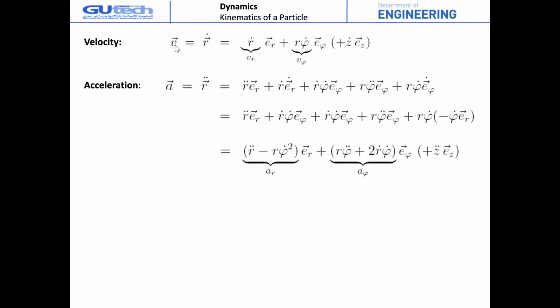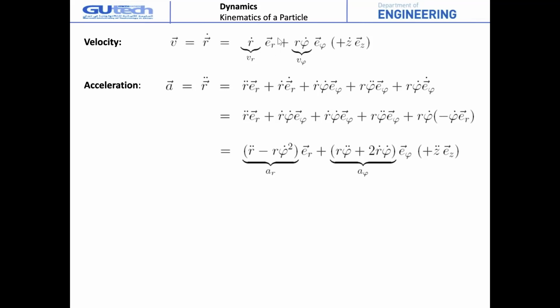Now, the velocity is r dot er plus the circumferential component. This is the expression that we got previously. And we now get the acceleration. The acceleration is the second derivative of the position vector.